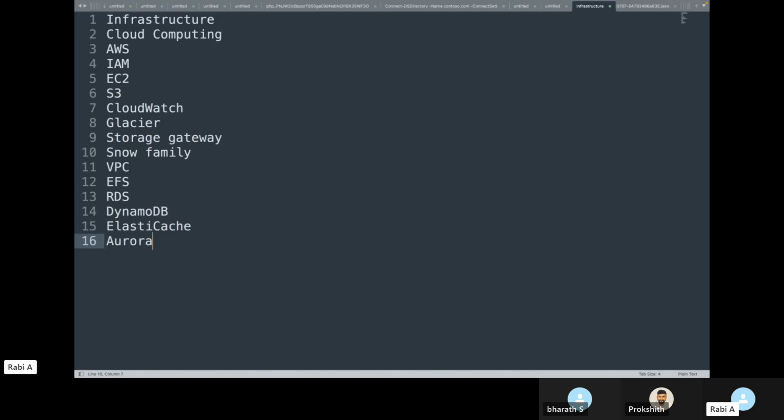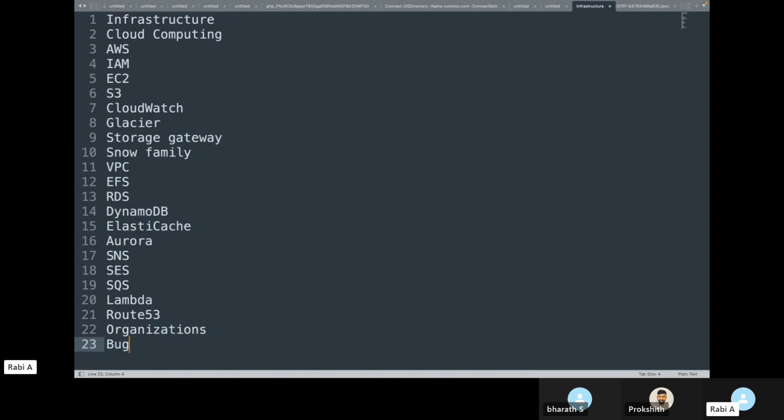We will talk a bit about your Aurora database, then SNS, SES, SQS. We'll also talk about your Lambda service. Then we will look at your Route 53. Then we will look at Organizations.